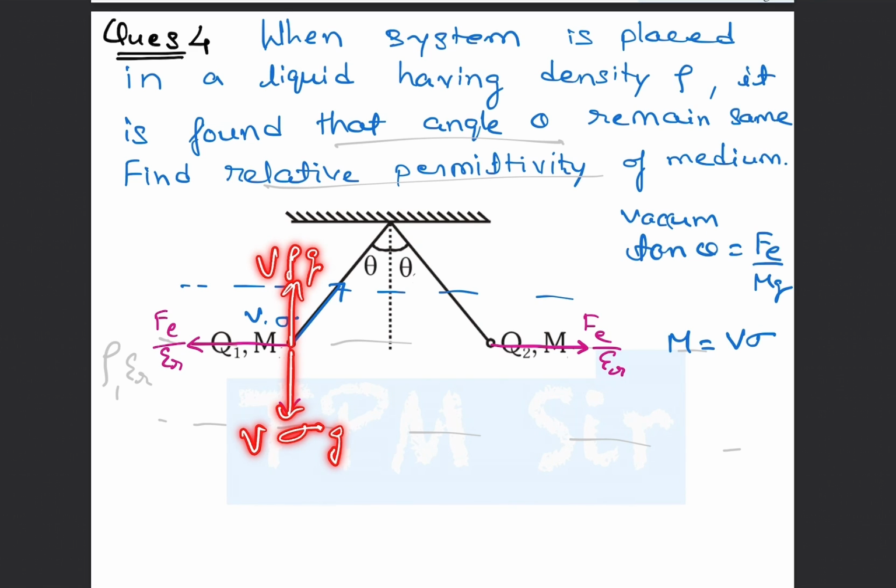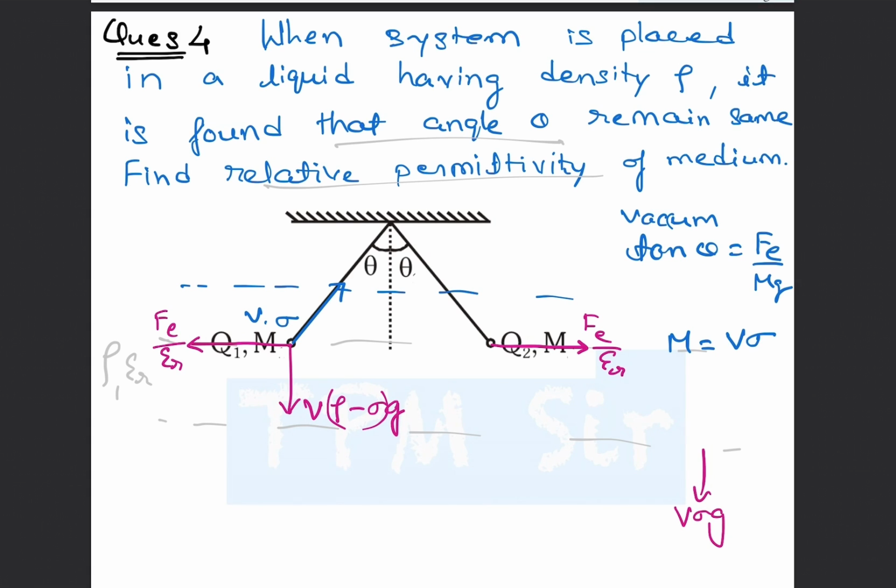I will subtract these two, so we will get V into (rho minus sigma) into g. I just did mg minus Fb. Here mg is V into sigma into g, and in the upward direction we had V into rho into g. So we just subtracted. The net force will be downward. So this is the force and this is tension. Again, they are saying that the net force remains the same.